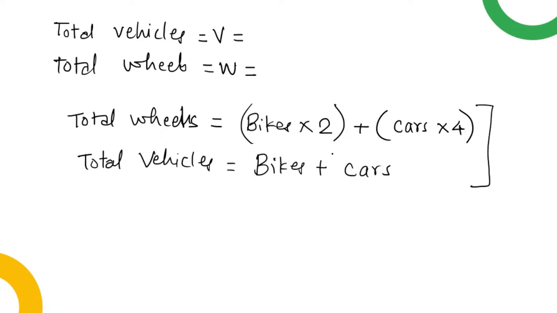Now if I want to check how many wheels there are, we have this formula. If I want to know how many cars there are, I will write cars equal to total vehicles minus number of bikes.